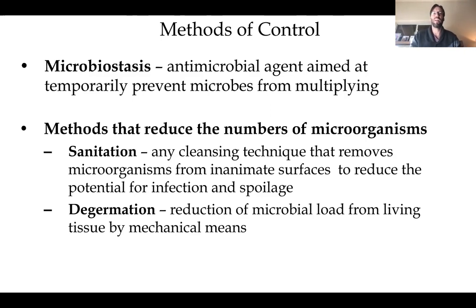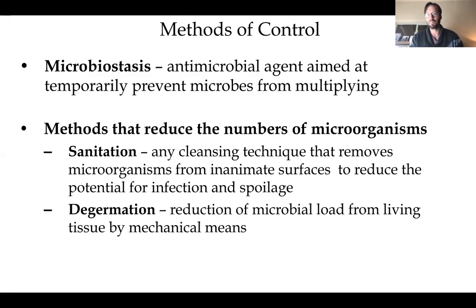Now, methods that can reduce the number of microorganisms can be things like sanitation. So we're removing, again, these microbes from inanimate surfaces. We're not killing off everything. We're not sterilizing it, but the idea is that the less number of microbes on that surface, the less number of microbes that get onto our food or into our bodies. And then degermation is reducing the load from living tissue. Okay.